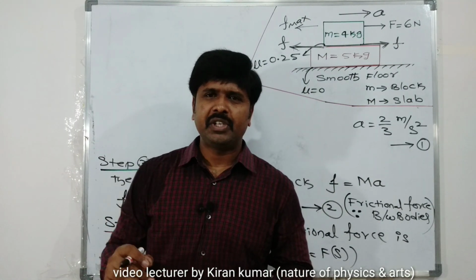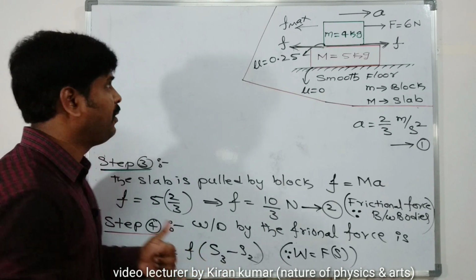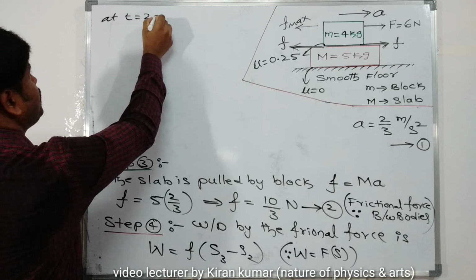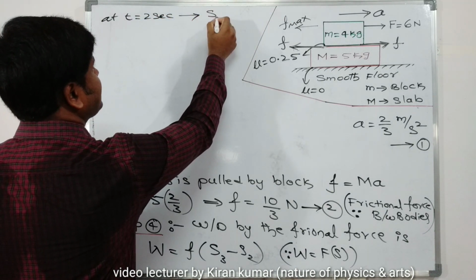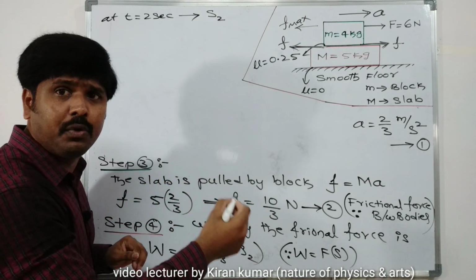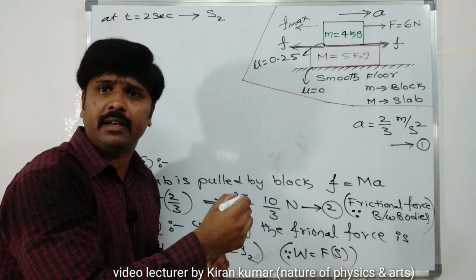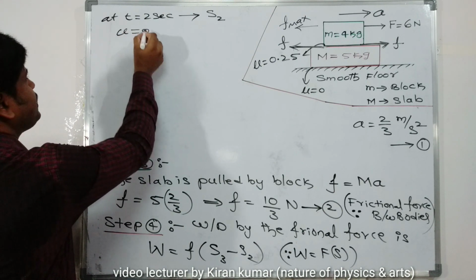Now, continuation, we have to find S2 and S3. At t equal to 2 seconds, the displacement is taken as S2. For S2, the basic formula is S equal to ut plus half at square. Initially the system is at rest, that's why u is equal to 0.